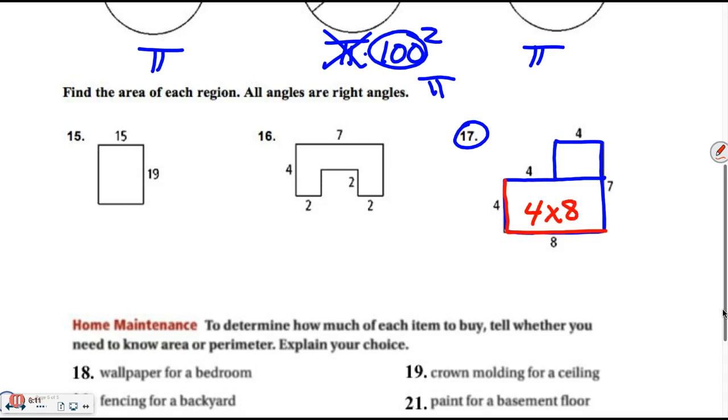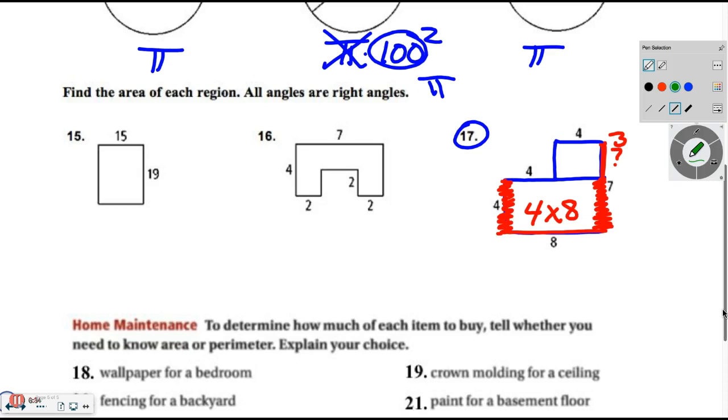This one up here, the 7, is the whole way, okay? So I've got to say, well, what's this length right here? And so to get that length right here, I have 4. That's taking me all the way up to here. So what that's going to leave is 3 left for that piece, because this whole way is 7. This whole green is 7, and I don't want the whole green.